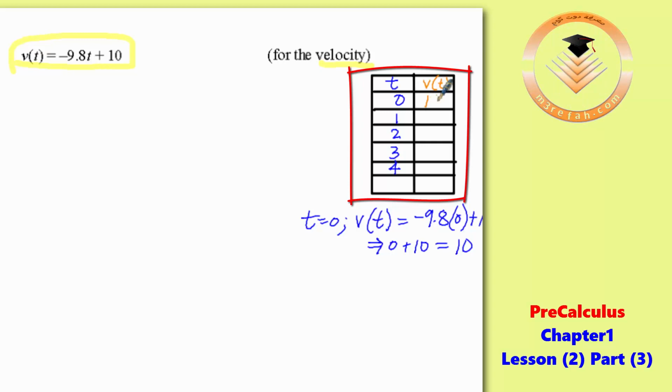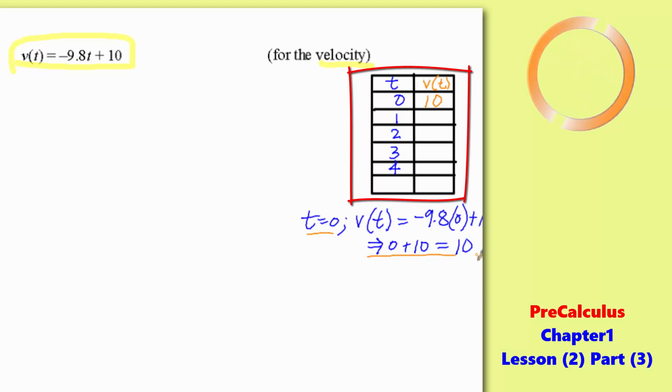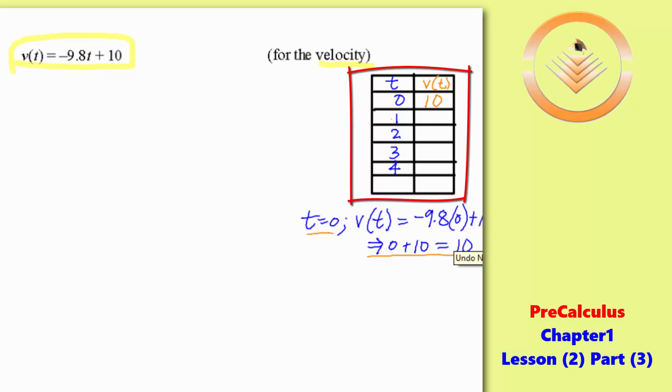We use the value of v of t of 10 taken from this evaluation. Now at t equal to 1, you plug it in here: negative 9.8 times 1 plus 10. That would be negative 9.8 plus 10, so that's 0.2.